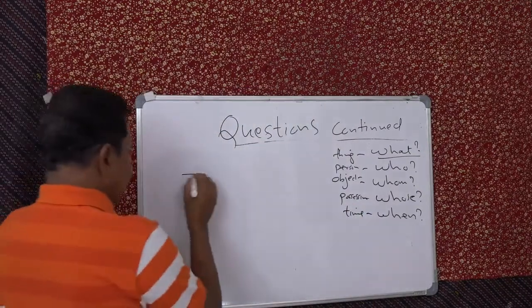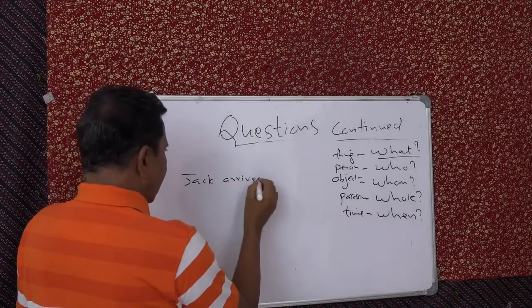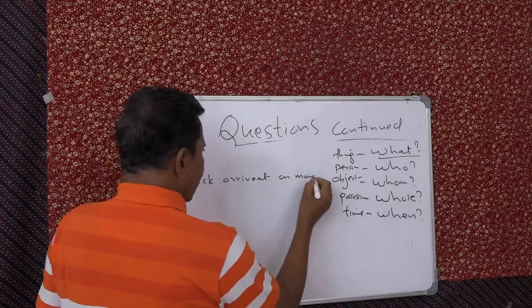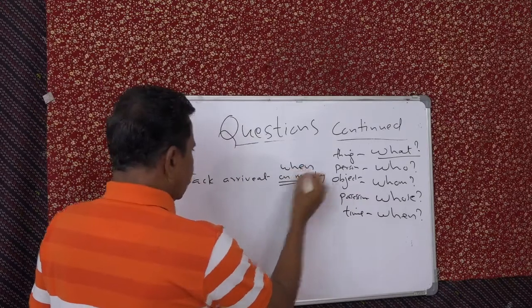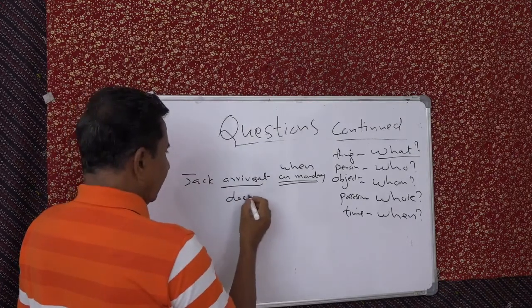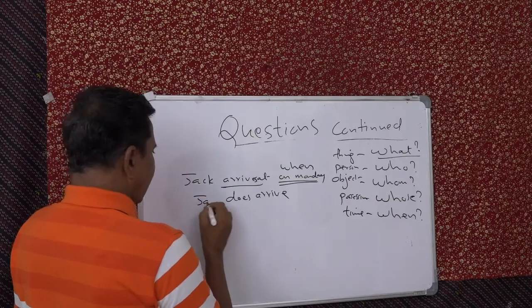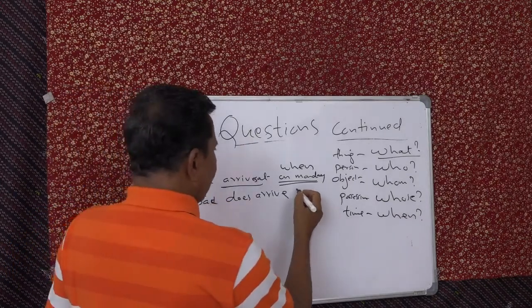Jack arrives on Monday. So you want to get on Monday. When? See? Arrives. Jack arrives is does arrive. Okay. Here Jack. Jack does arrive when?